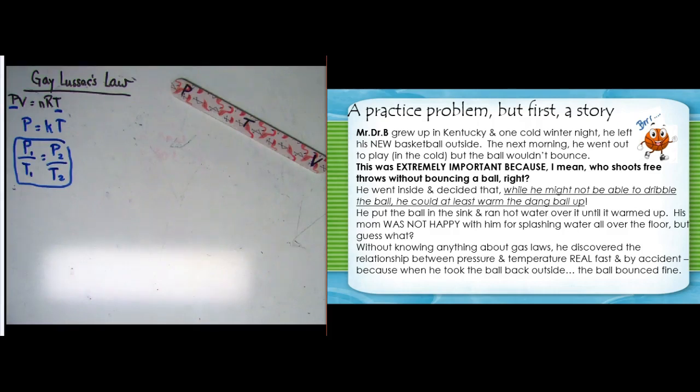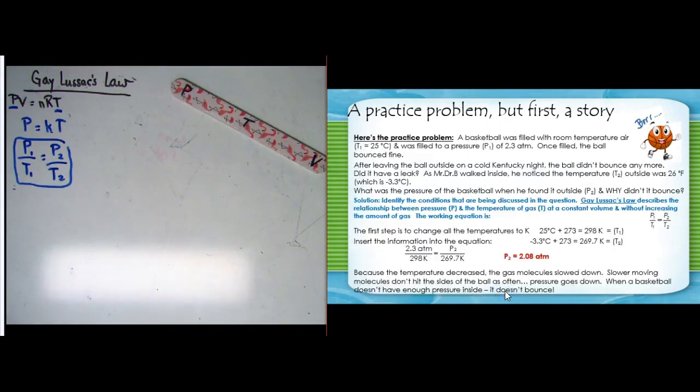But just by running hot water over the basketball, the ball bounced. So he discovered by himself the relationship between pressure and temperature. Totally by accident, but he wanted to at least be able to throw a basketball that wasn't ice cold.